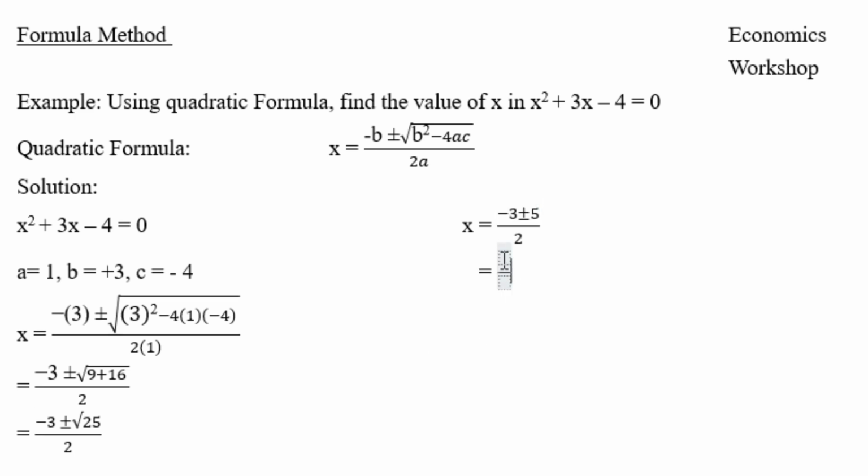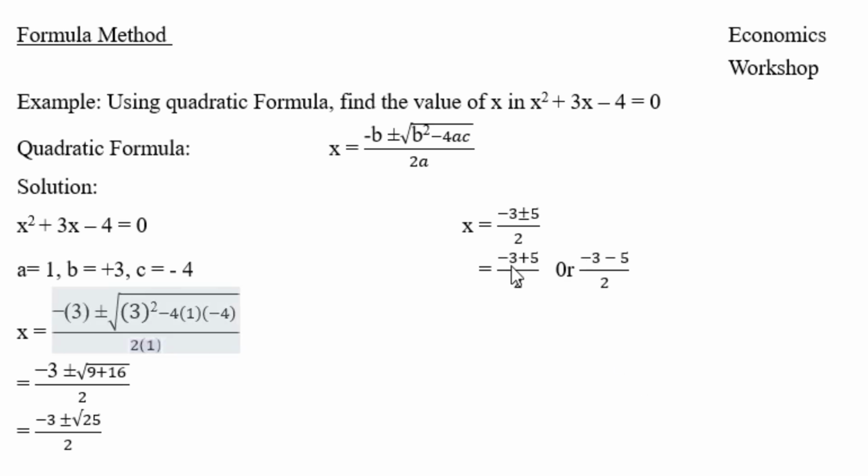That is minus 3 plus 5 divided by 2, or minus 3 minus 5 divided by 2. So from here we have to split this into 2 to get the two possible values of x. So we have 2 divided by 2 or minus 8 divided by 2.